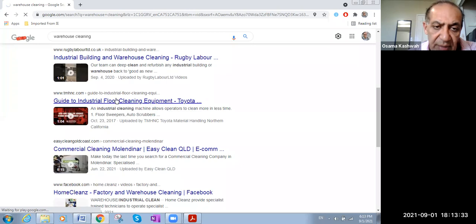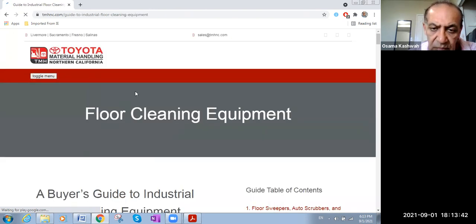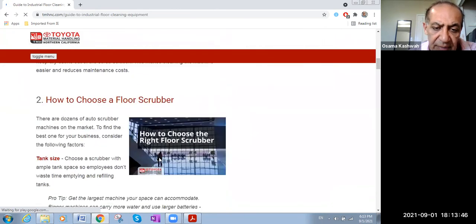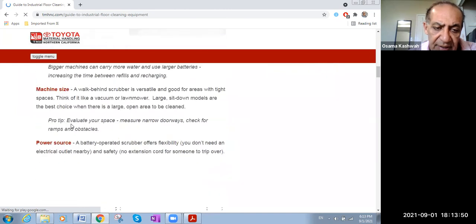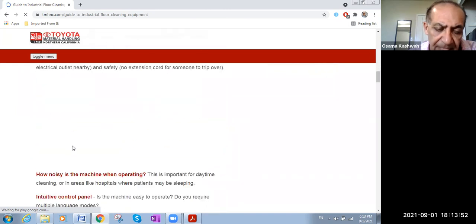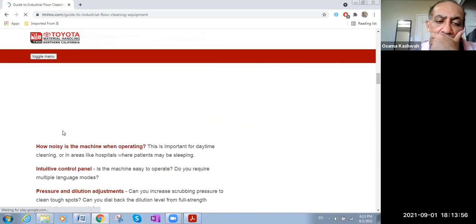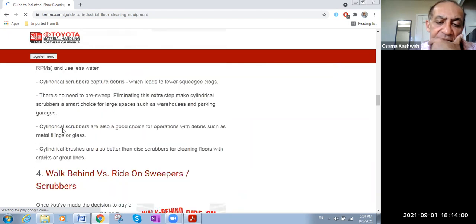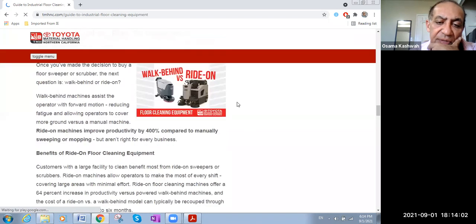Those are the equipments which are used in cleaning a warehouse. Those are the parts which are used for that purpose.